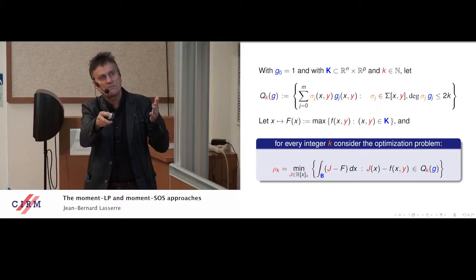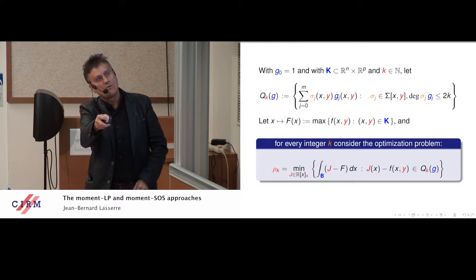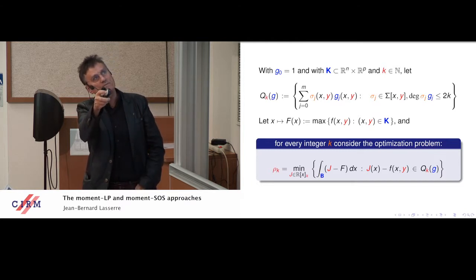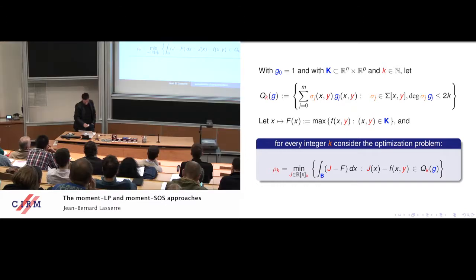So you want g of x minus f of x, y greater than 0 when x, y belongs to K. And then this quantity is always non-negative on the box. And you want to minimize this.